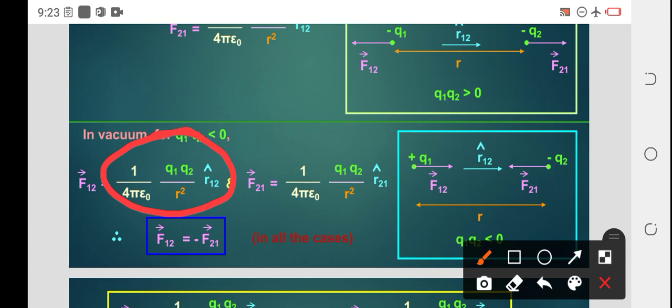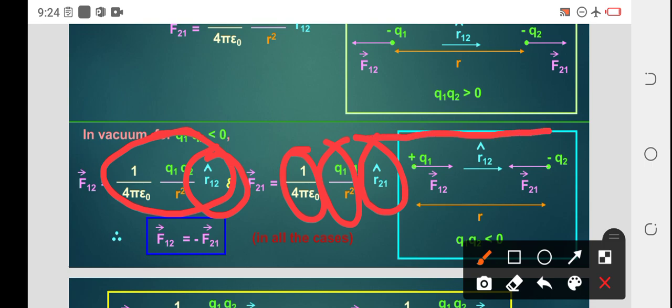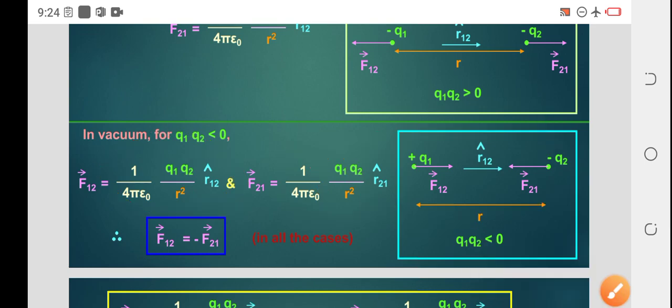Similarly here the distance is R21. One is moving from charge 1 to charge 2, and in the second case the distance is from body 2 to body 1, so they are in opposite direction. This is the vector form.